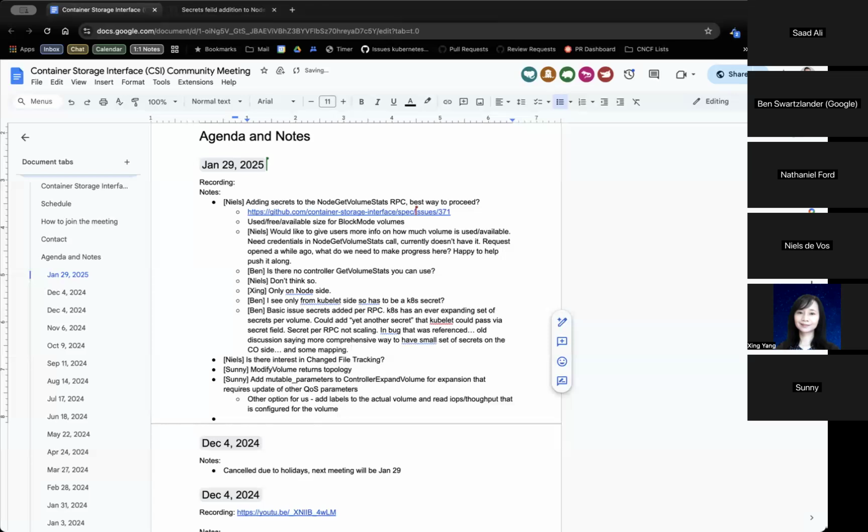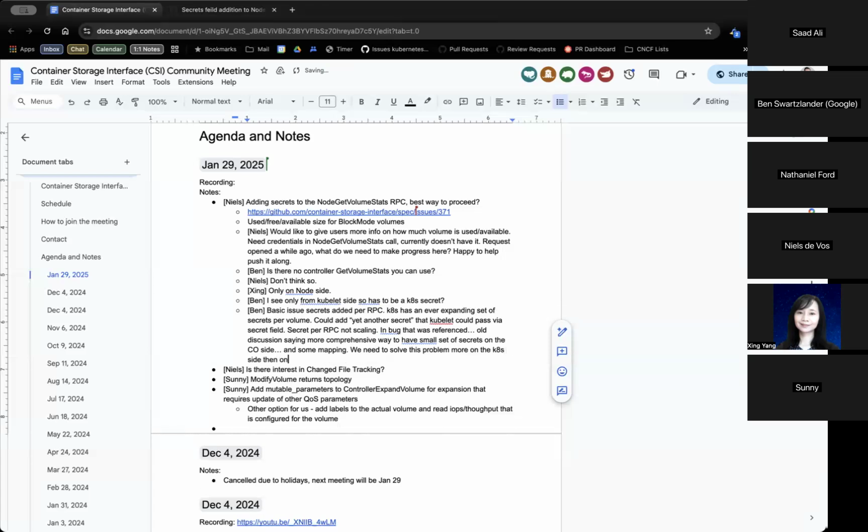And we need to solve this problem mostly on the Kubernetes side more than the CSI side, because CSI just says there's a secrets field and the CO passes in some stuff, and it doesn't specify how the CO is supposed to handle this.